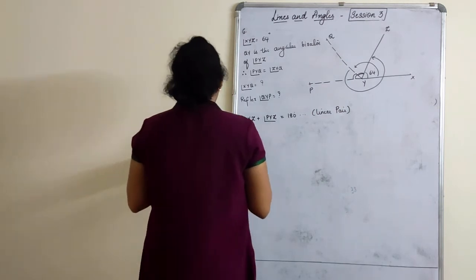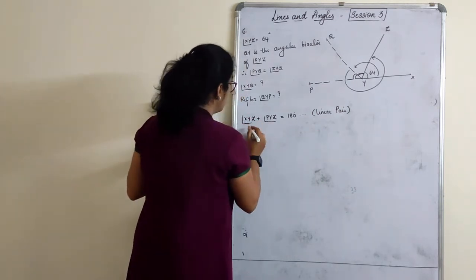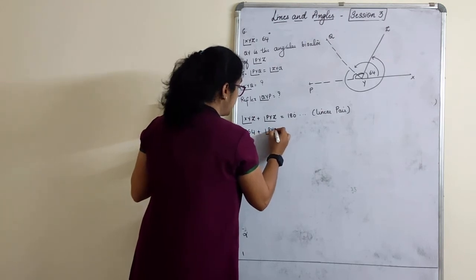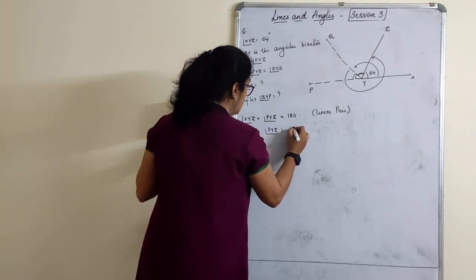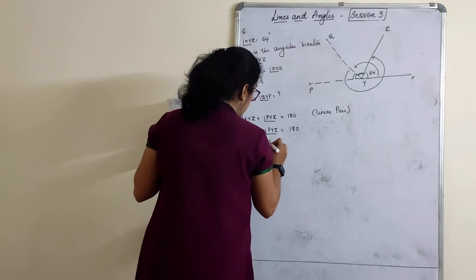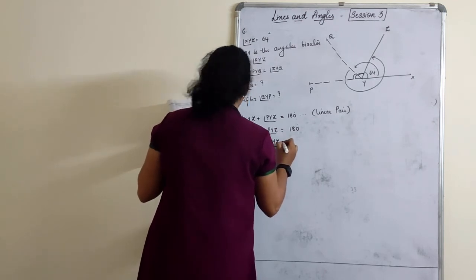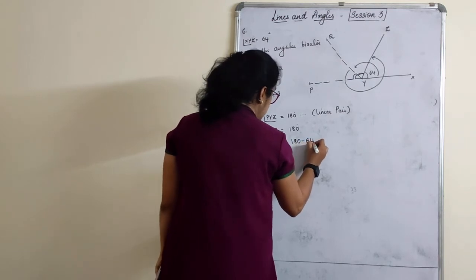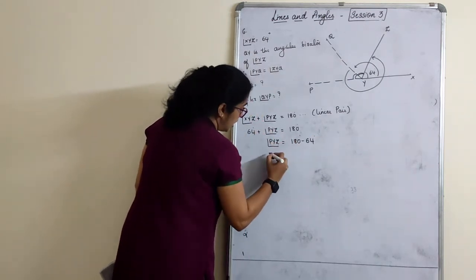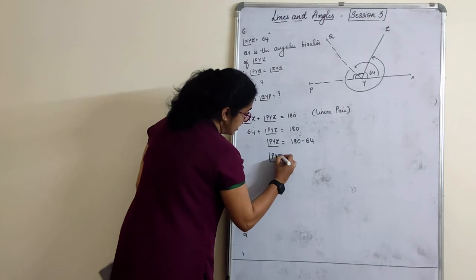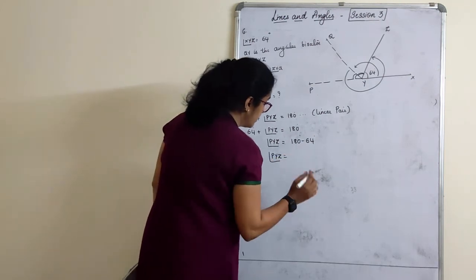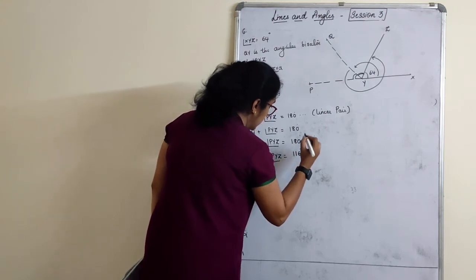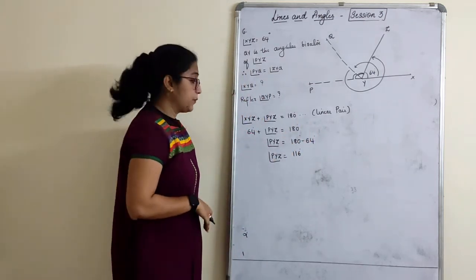So 64 plus angle PYZ is equal to 180. Angle PYZ is equal to 180 minus 64. You get 116.